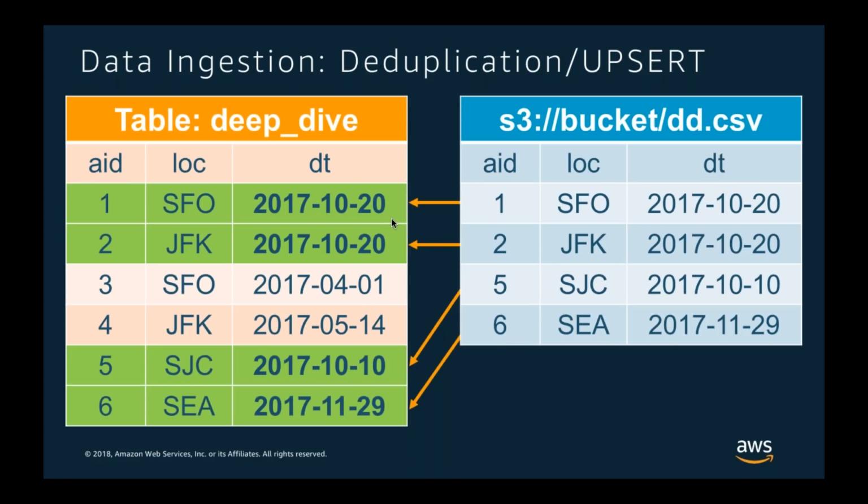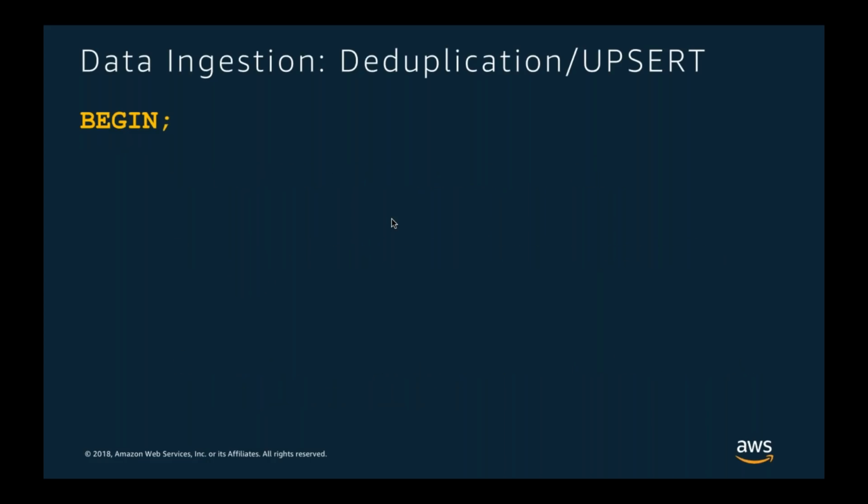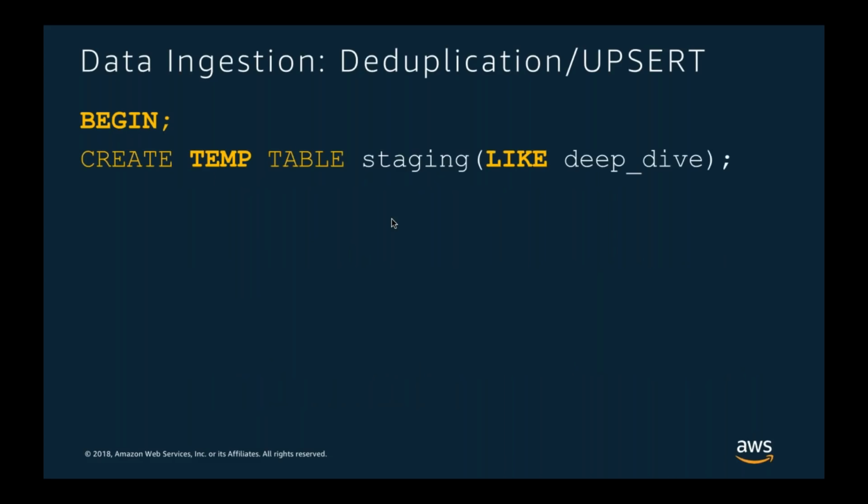Now, the recommendation there is to think about having a staging table, right? So define a staging table, load all that data into the staging table, delete the duplicates from the production table, and simply insert-append from staging to production. So the way you would do it is, let's say you begin a transaction, you create a temporary table as a staging table, using the like clause with the production table.